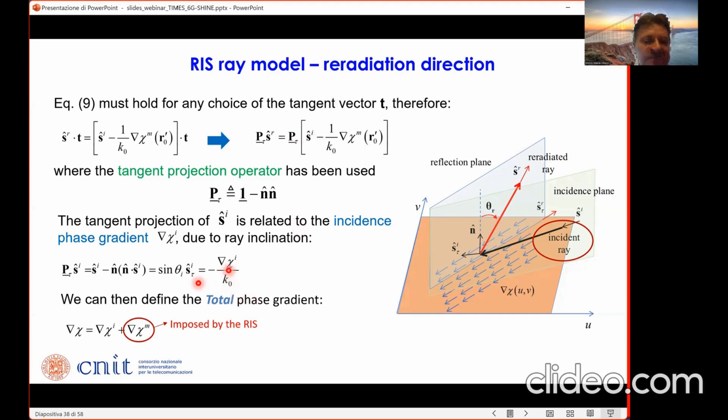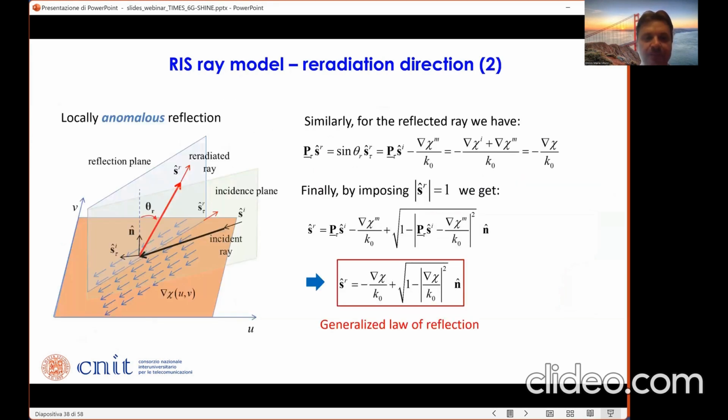Okay, this incident phase gradient, nabla Ki, is then summed in this expression to the phase gradient imposed by the RIS. So we can define this nabla Ki as the total phase gradient. So it's the summation of the incident phase gradient related to the ray inclination and the phase gradient nabla Km imposed by the metasurface or RIS.